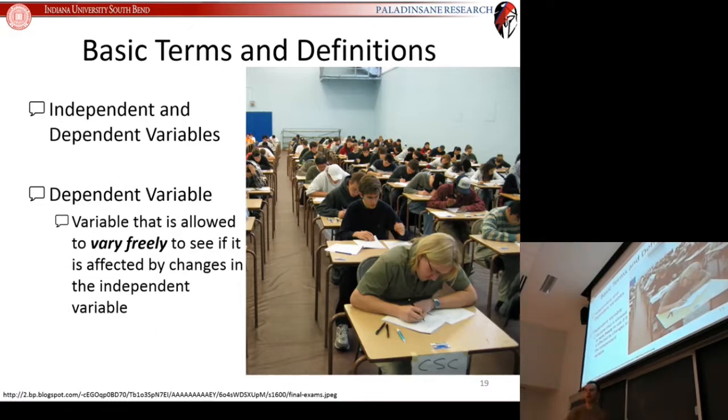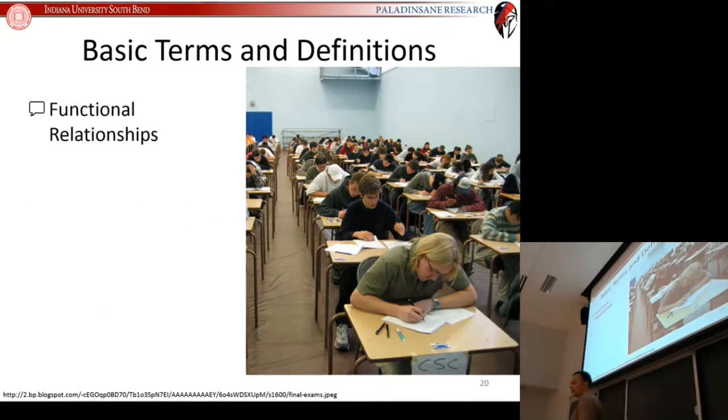Another way to look at it is that an independent variable can be considered a cause, and a dependent variable is considered the effect. So the cause is what you set up as an experimenter, the effect is what you're trying to find out as an experimenter. All right, so this leads us to functional relationships.